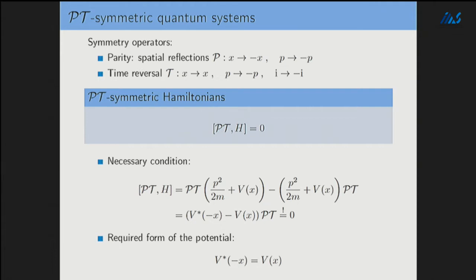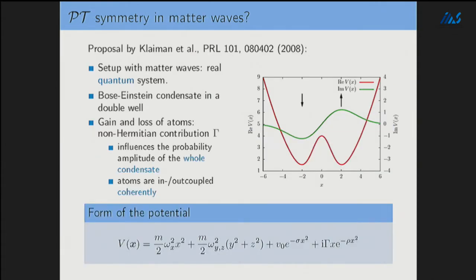So that's what we work with, and I directly want to go to the quantum system we want to investigate. This was already mentioned, proposed in the outlook at the last lines of a paper by Kleiman and co-workers written in 2008. The suggestion they had was that we can have a Bose-Einstein condensate and put it in a double well structure, that is, in a trap which has these two wells here. In our calculations, we implemented this by having some harmonic trap, and in one direction this Gaussian barrier which divides it such that we get this double well structure.